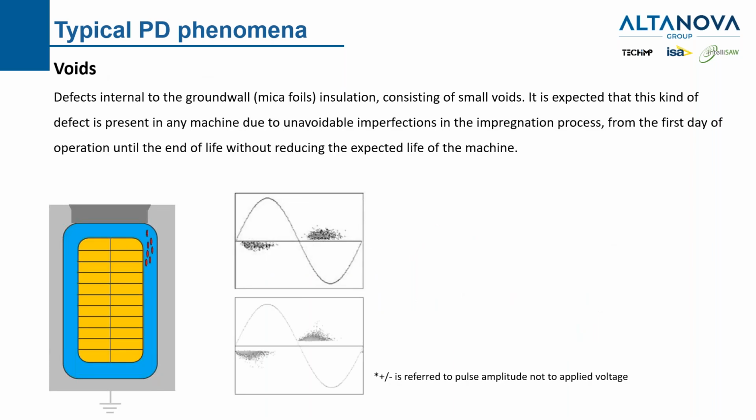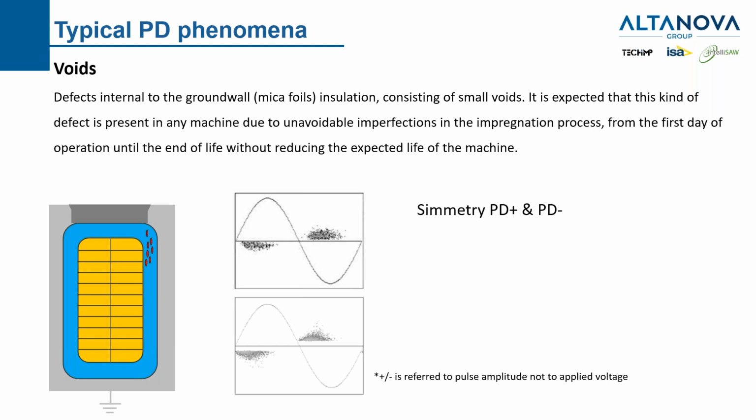We start with the voids. Normally in generators and motors, we have a system of insulation made, recently at least, with mica. And even if nowadays there is a very strong vacuuming during this process, we still have some voids present in the generator.